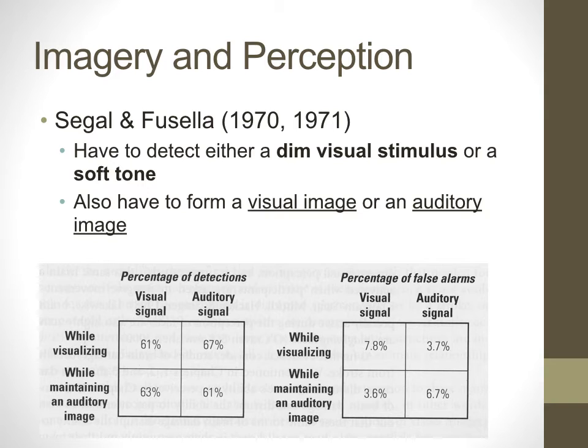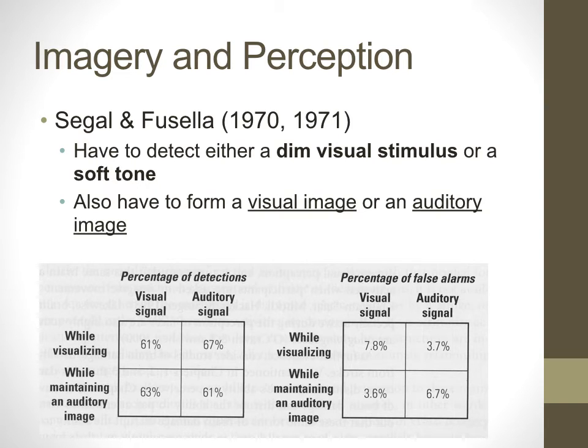Participants did this in one of two conditions. They either were trying to form a visual image before their mind's eye, or an auditory image before their mind's ear. So they were trying to either imagine the stimulus visually, or imagine it auditorily.